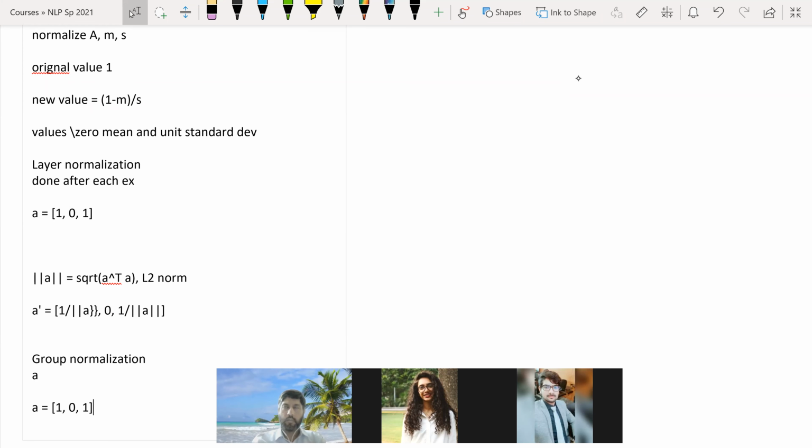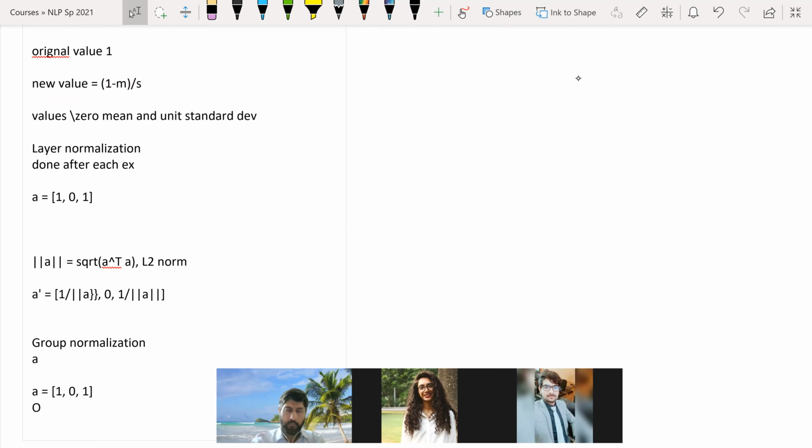What I would do is group these features or outputs into a number of groups. So maybe my first group is the first two, 1 and 0, and the second is just 1, so 2 groups. Now I will apply layer normalization to each group separately, meaning that each group is a vector and each group vector is normalized to unit length.